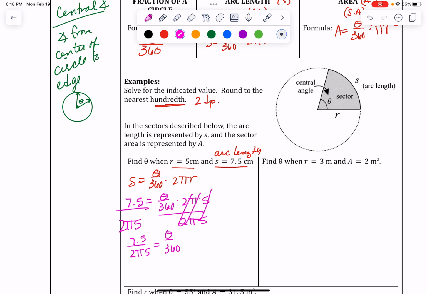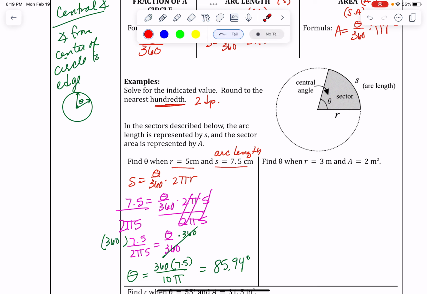And then the opposite is to multiply by 360 so that I can isolate theta. So then you have theta equals 360 times 7.5 divided by 10 pi, which is 85.94 degrees.